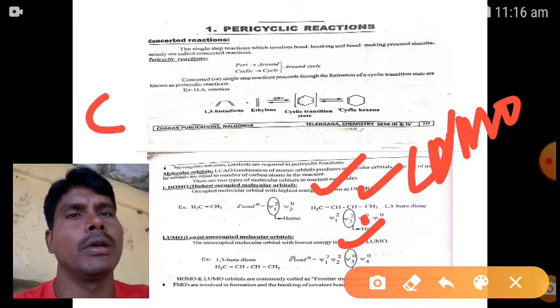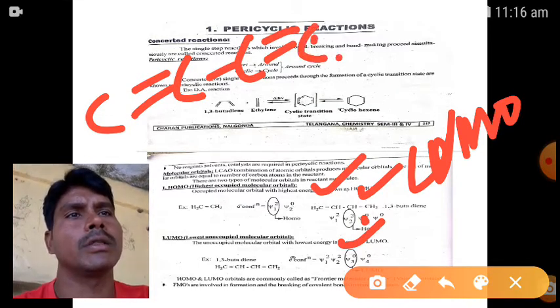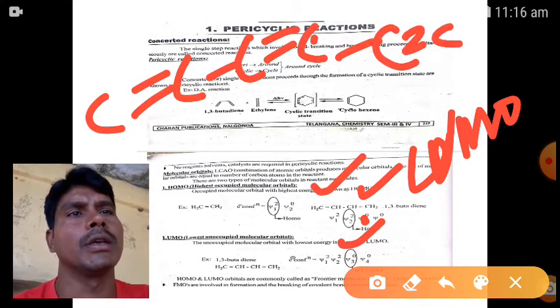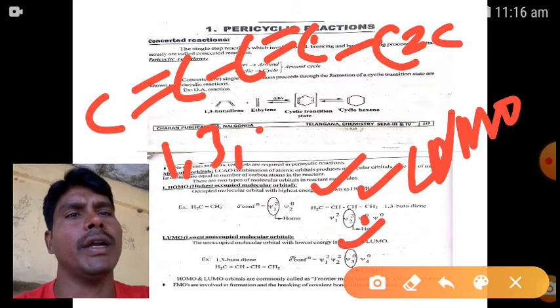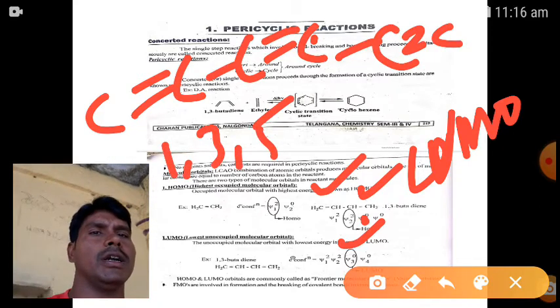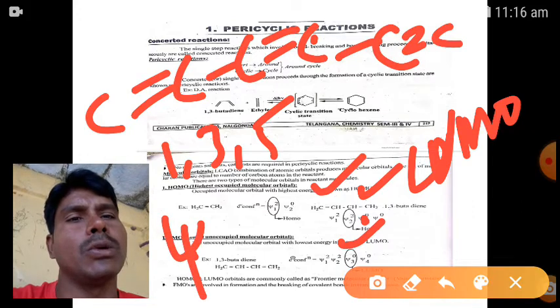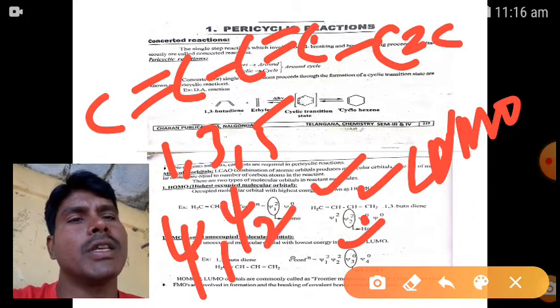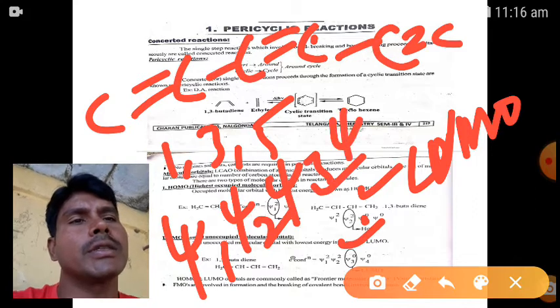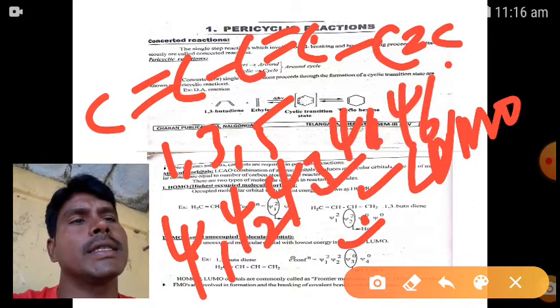For example, take C=C-C=C-C=C, 1,3,5-hexatriene. Here there are 6 carbon atoms, so 6 molecular orbitals: psi 1, psi 2, psi 3, psi 4, psi 5, psi 6.